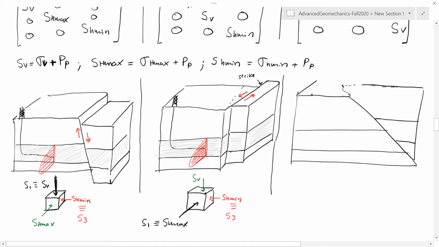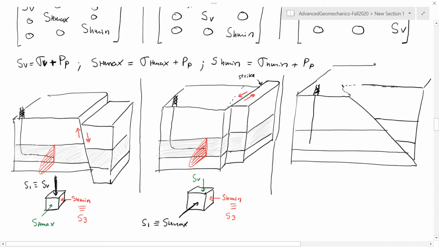Let's draw our wellbore. Probably here we don't want a horizontal wellbore, so I'm just going to draw a vertical wellbore. And I think this is more or less good for now.